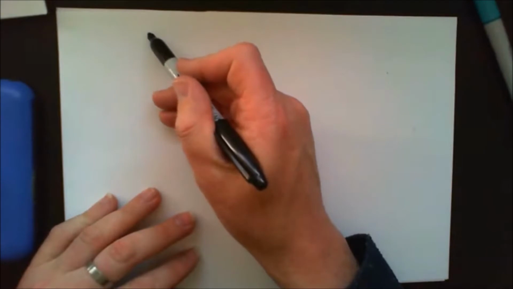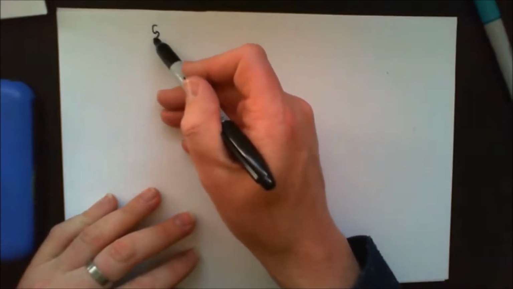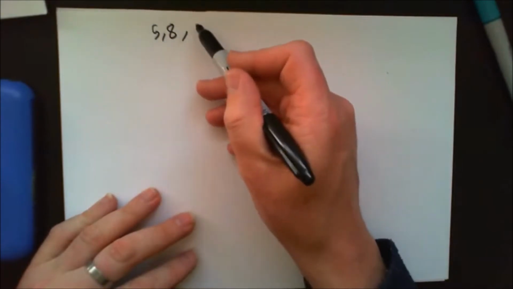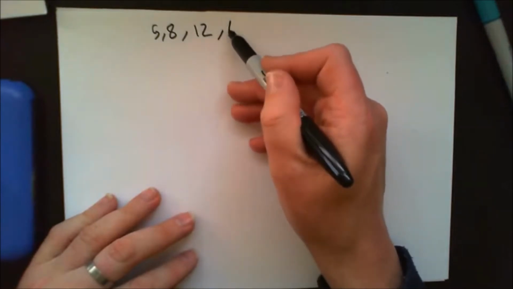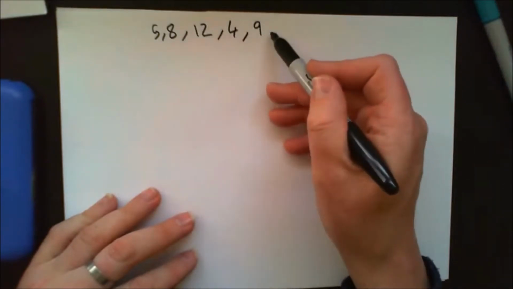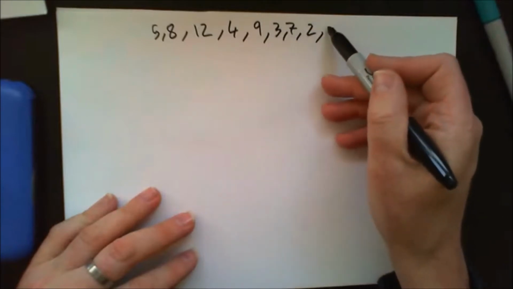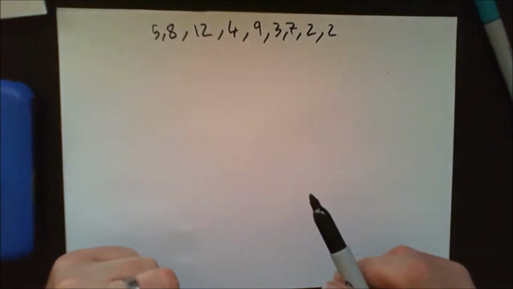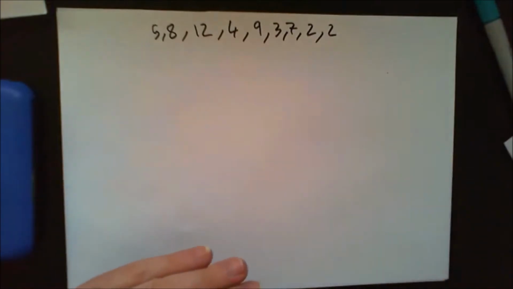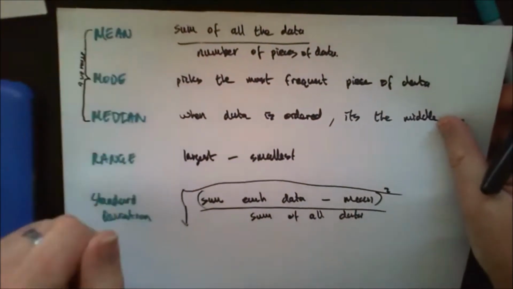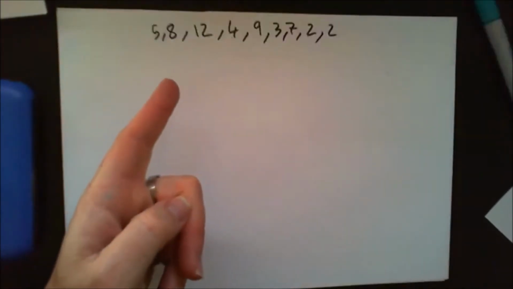We're going to take 5, 8, 12, 4, 9, 3, 7, 2, and 2. We're going to find all of these from that.